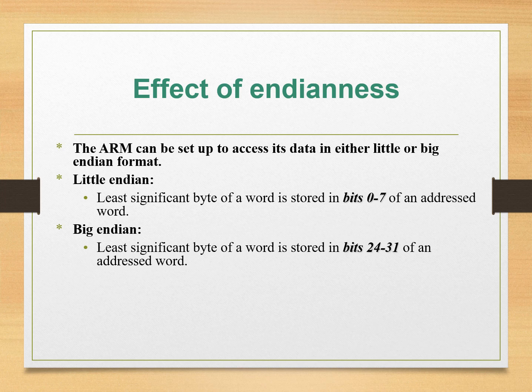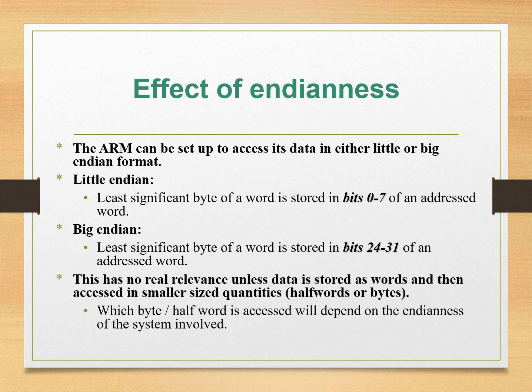But in big endian, the least significant byte of a word is stored at bit 24 until bit 31. So it is the other way around. Actually, ARM supports both; it can use little endian or big endian.